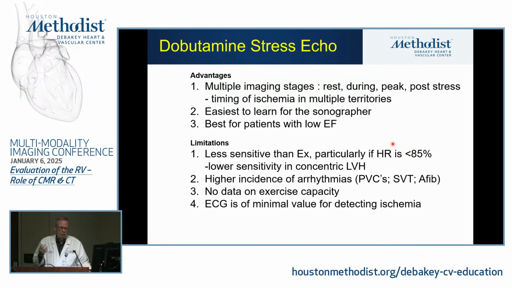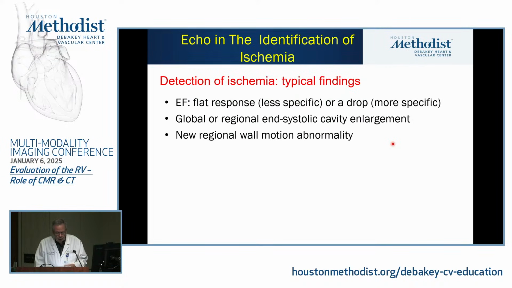And you get no data, of course, in terms of exercise capacity for a patient. EKG is worthless because very few people with dobutamine get any ST changes, even if they get significant ischemia. And nowadays, because we have nuclear techniques, now PET and everything, we rarely ever use dobutamine anymore for the traditional evaluation of someone with chest pain. I think we still use it for some of the heart transplant patients and so on.